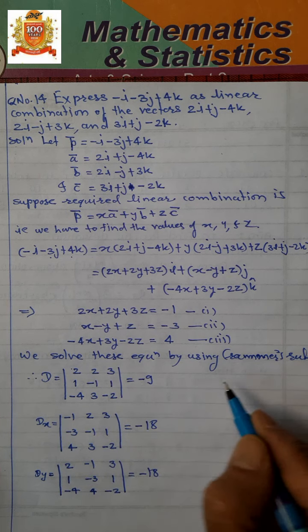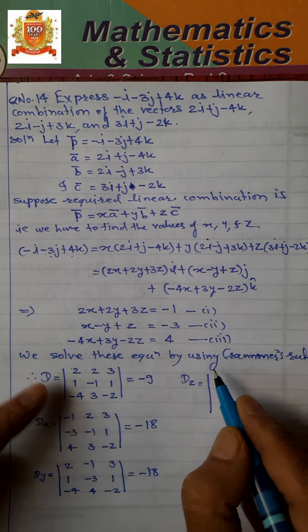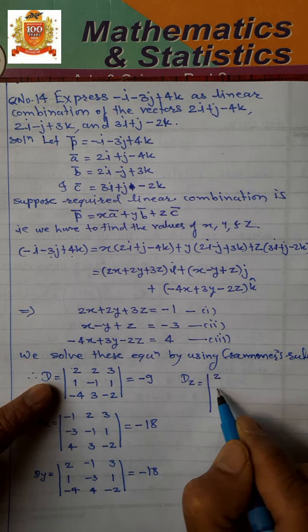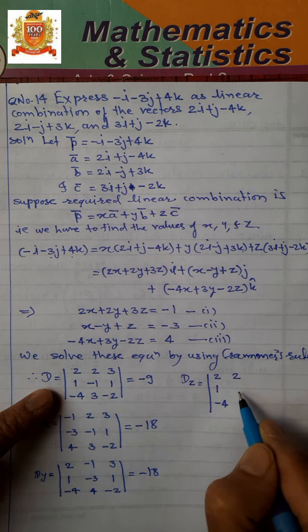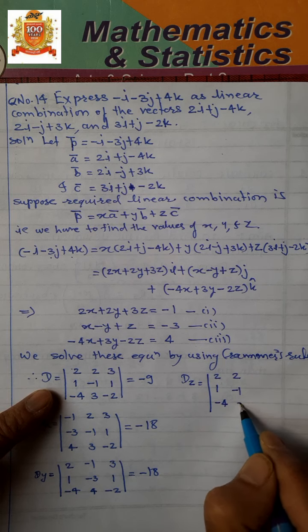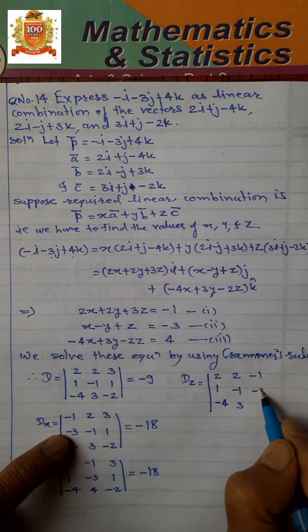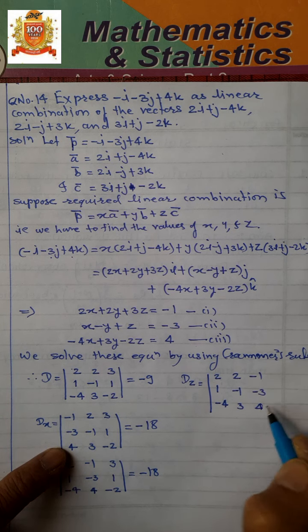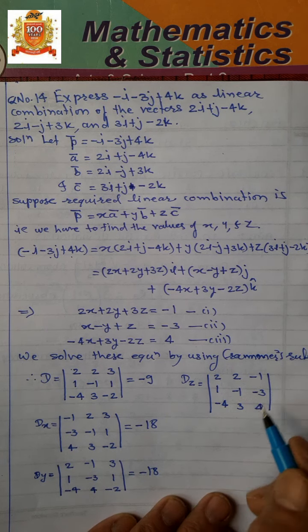Now, Dz is equal to the determinant 2, 1, minus 4; 2, minus 1, 3; minus 1, minus 3, 4.